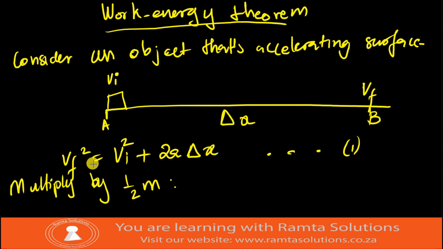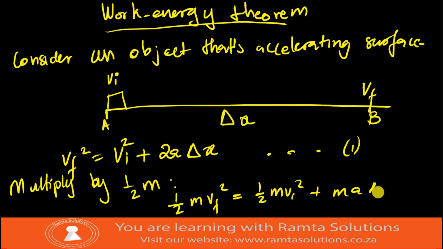Everything will be multiplied by half m. This means we will have half m Vf squared equals half m Vi squared plus half m times 2a delta x, which is m a delta x.